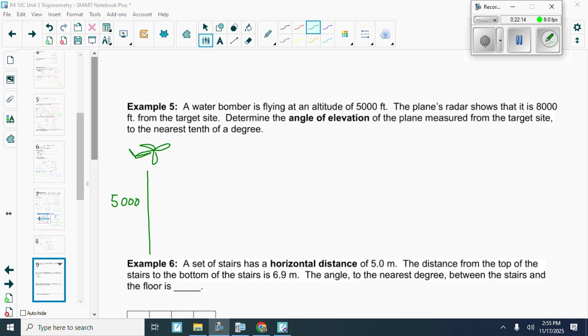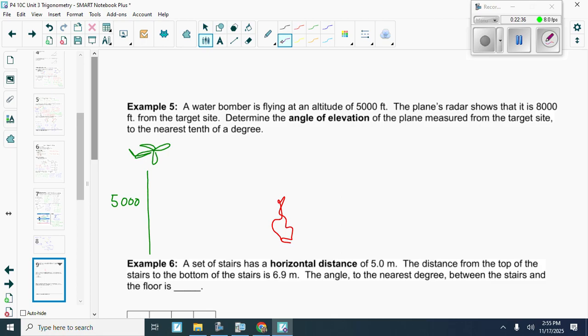The plane's radar, so the radar is at the front of the plane, and it sends out this signal. The plane's radar shows that it is 8,000 feet away from a target site. Target site is probably a forest fire. So there's a forest fire raging over here.